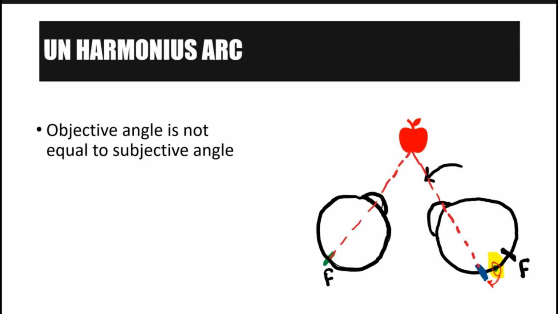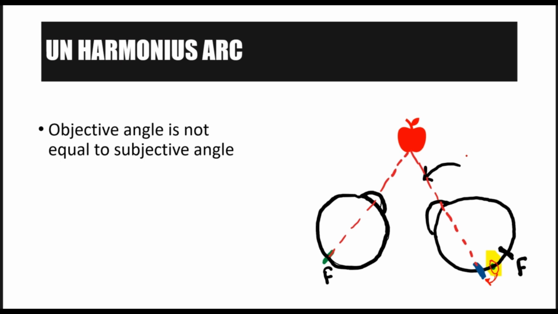What I mean to say is, if the amount of shift of the visual direction does not fully compensate for the deviation, the adaptation is not complete, and this is what is meant by unharmonious abnormal retinal correspondence. If the objective angle, for example in this case, is about 8 prism diopters, in harmonious abnormal retinal correspondence the subjective angle would also be 8 prism diopters. But in unharmonious abnormal retinal correspondence, the fovea develops correspondence with another point which is close to the intended point, say here, and therefore your subjective angle will be, say, just 5 prism diopters.